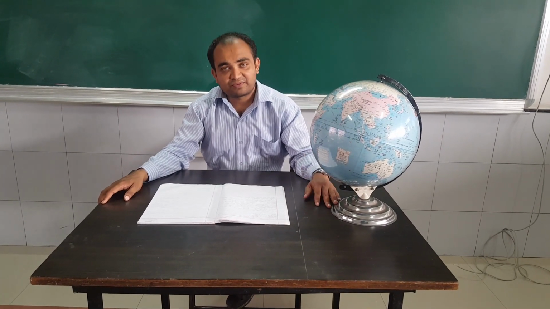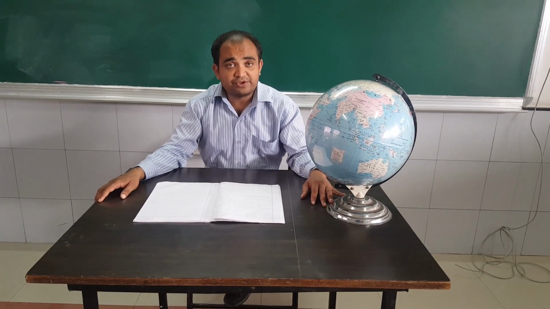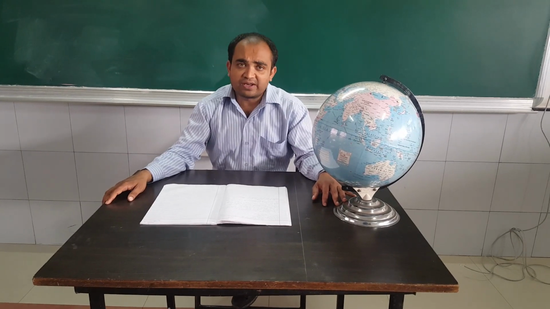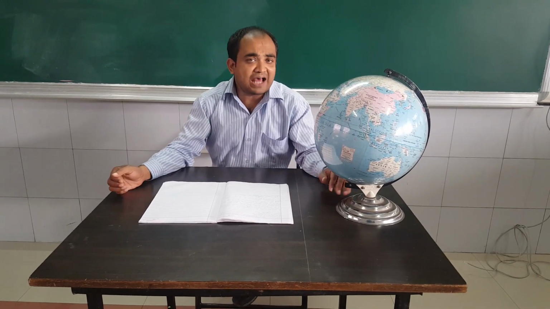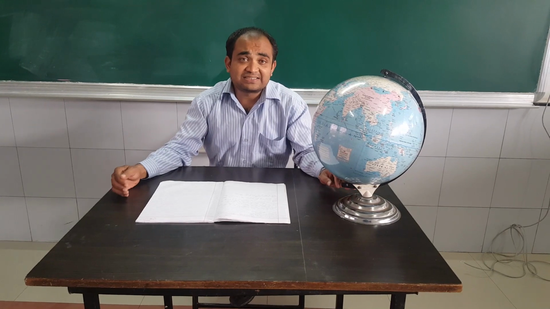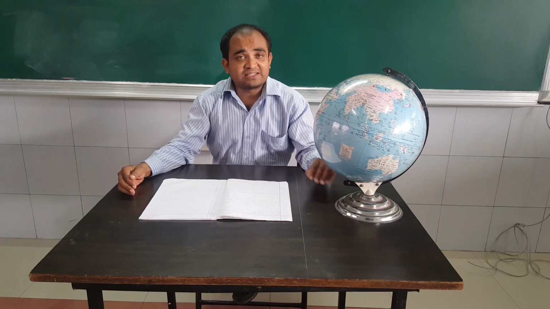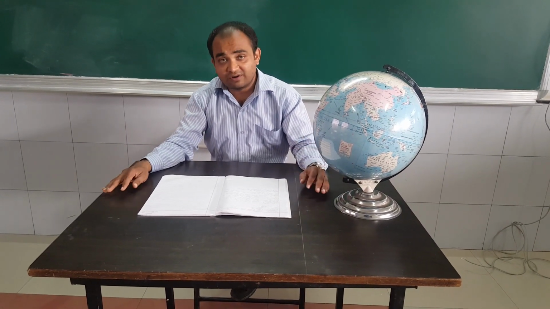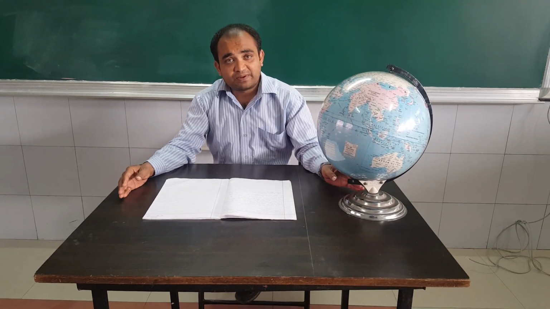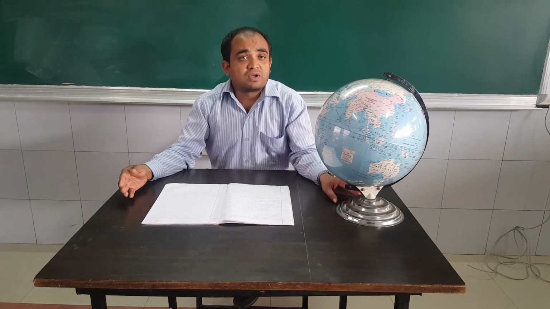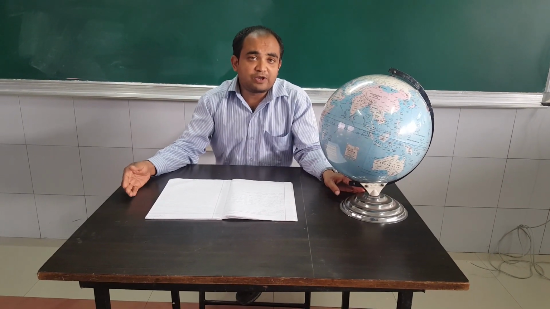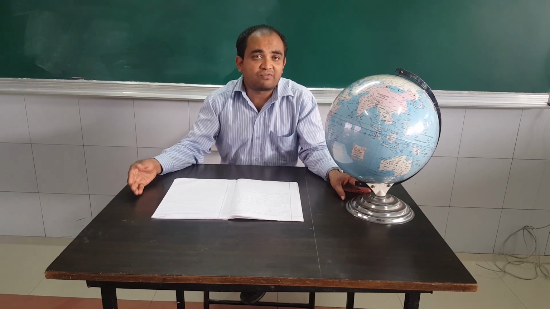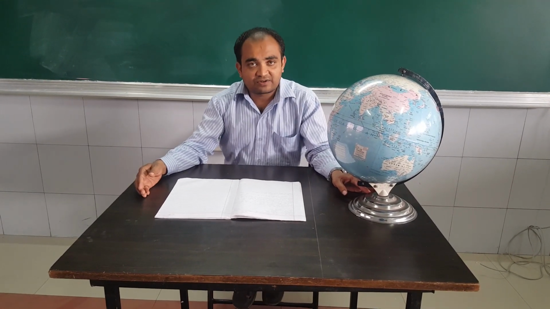Green planet, green forests, huge mountains, flowing rivers, different species of animals, birds, insects, everything you can see on the surface of the Earth, which is about 6,500 kilometers from the center of the planet.